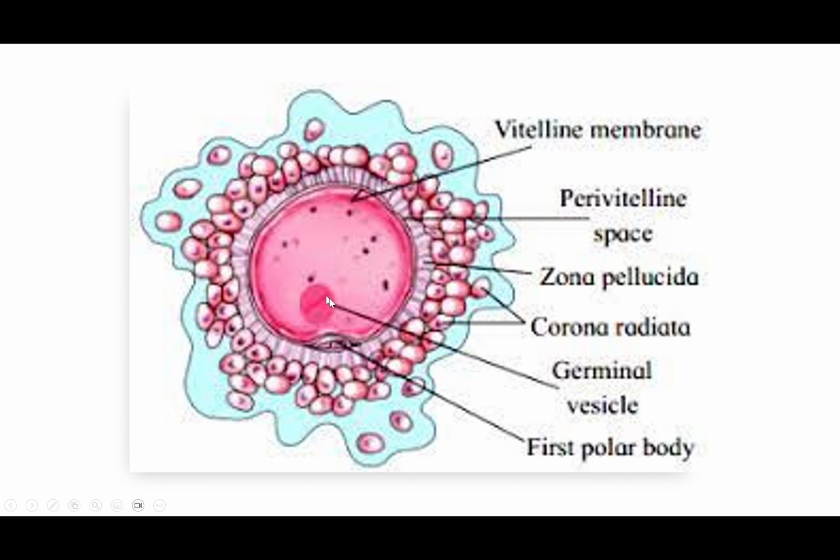Within the perivitelline space, we have our first polar body that just exists there, right? After the perivitelline space, we have our zona pellucida, and then outside of our zona pellucida would be our corona radiata. So that is the structure of our secondary oocyte.